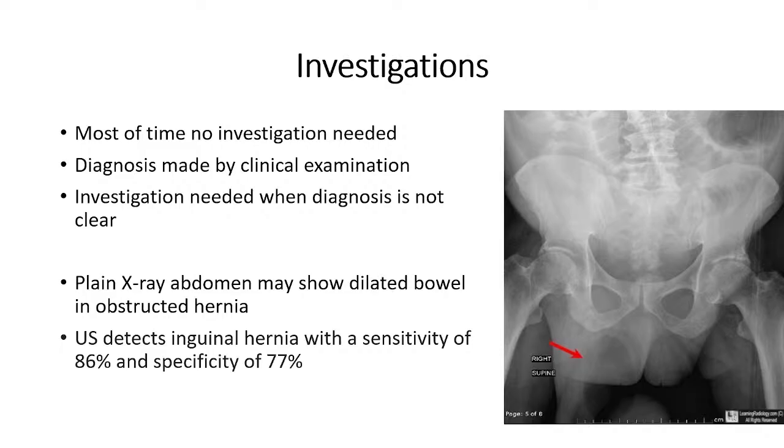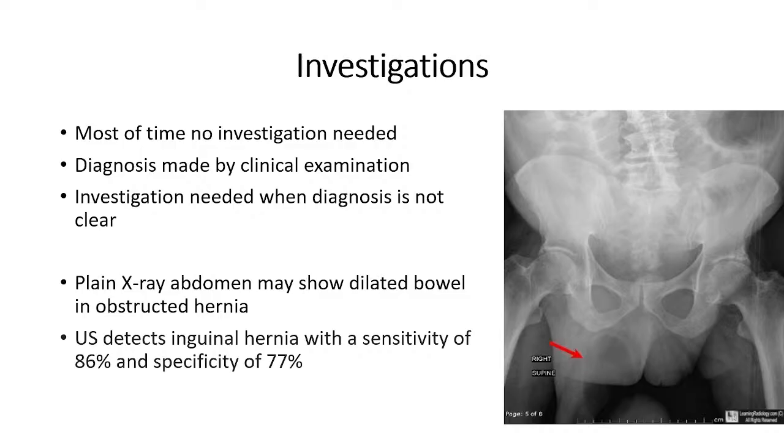As I told, inguinal hernia diagnosis is clinical. We do not need any investigation to make the diagnosis of inguinal hernia, but if the patient is obese or the swelling is not very apparent, or the patient is presenting with pain in the inguinal area, and we suspect inguinal hernia, we can go for some investigations.